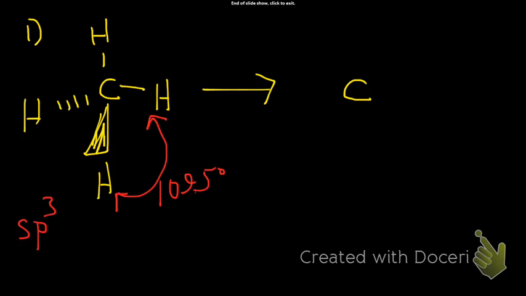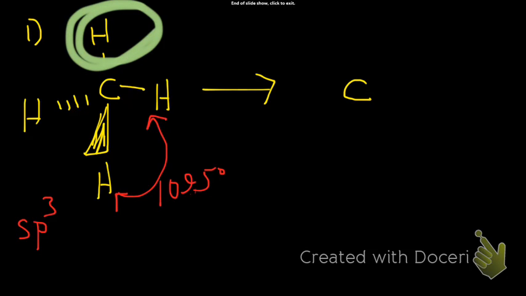Well, whenever you remove one of the hydrogens, so let's say that we pull off one of these hydrogens and it takes one electron with it, we're still going to have our carbon left, but it's going to have 3 things hanging off of it instead of 4.